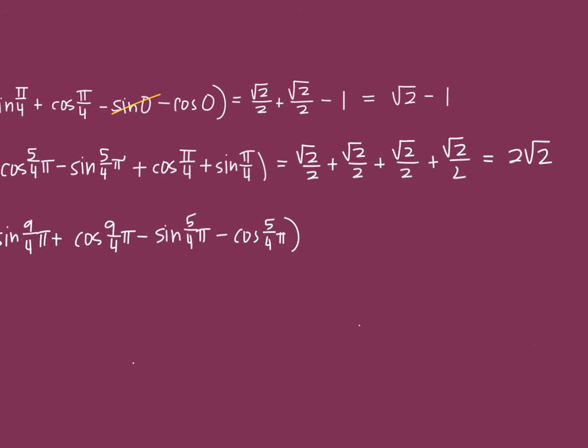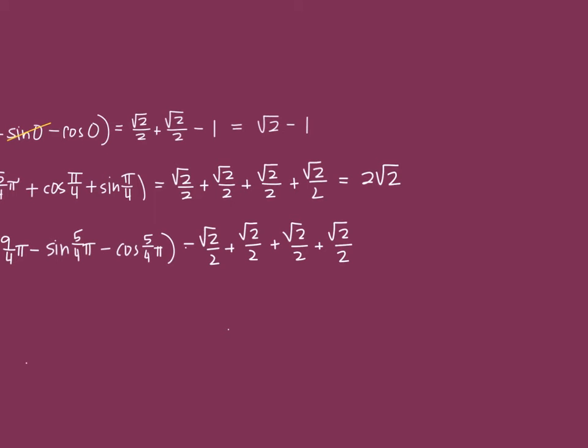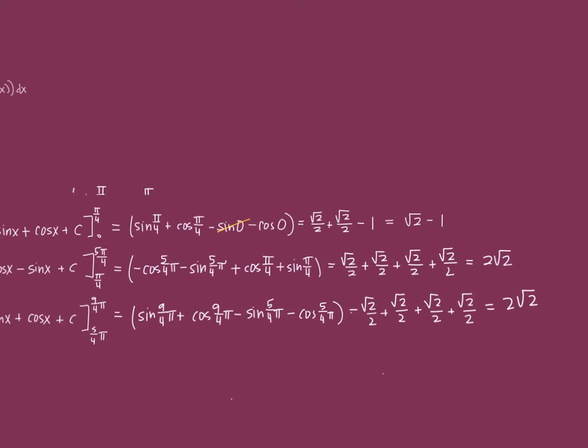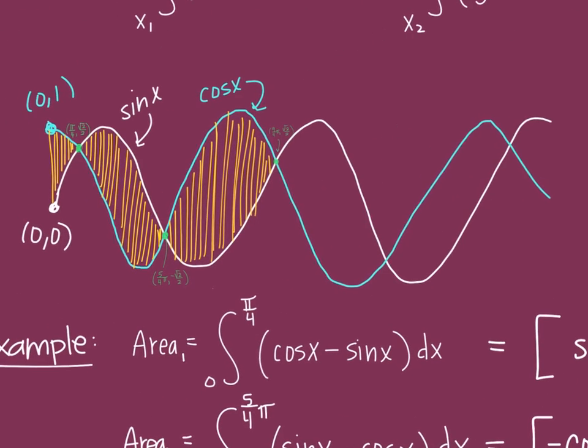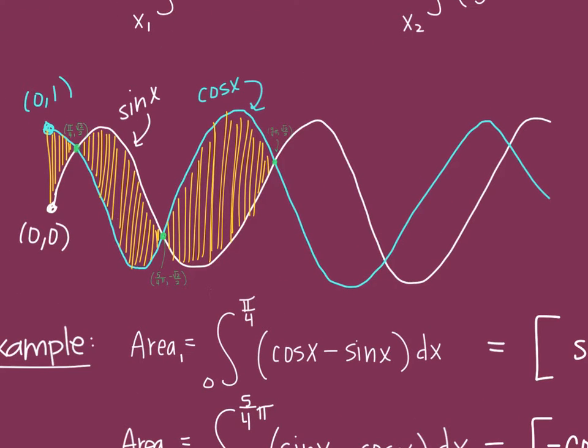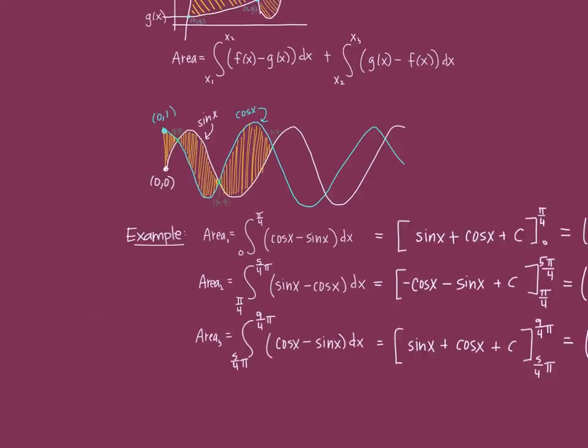All right, so the last one, we end up with rad 2 over 2 plus rad 2 over 2 minus a negative rad 2 over 2. So I end up with 2 rad 2 again, which might be a little bit surprising to you. That just goes to show that my graph is not to scale, but those two area regions, area 2 and area 3, are actually the same value.